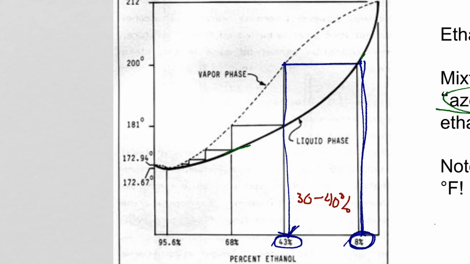Now, we're going to take this material through a fractional distillation. Here's one theoretical plate, and that would give us 68%, but we're not going to capture it. We're not doing another simple distillation.